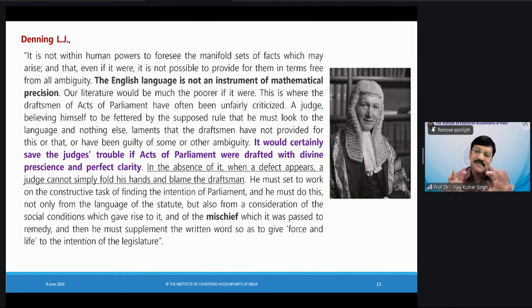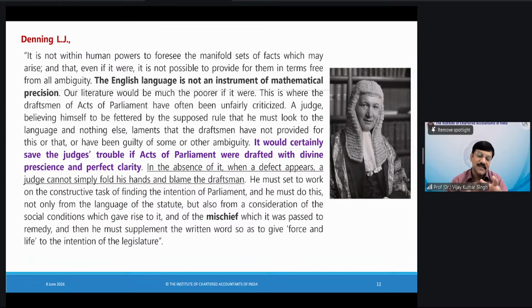So when you see a statute or a provision, you cannot with mathematical precision say that this means that. And Lord Denning says that our literature would be much poorer if it were mathematics. And that is true because we use so many different words for different synonyms, antonyms, and all these things.